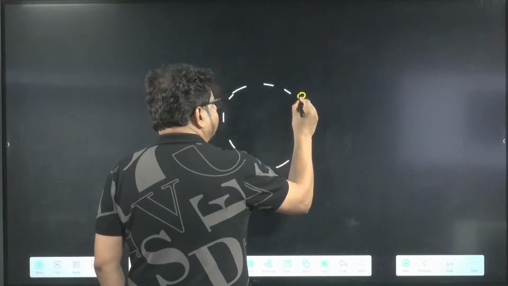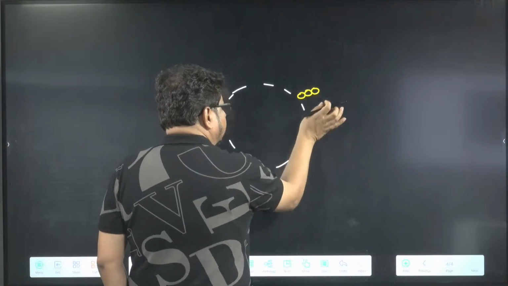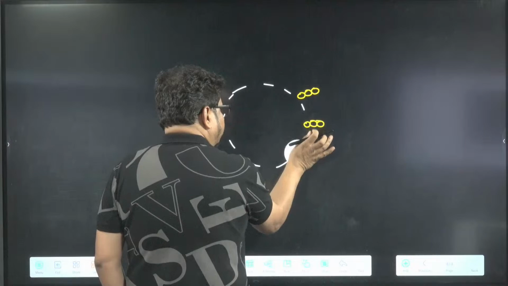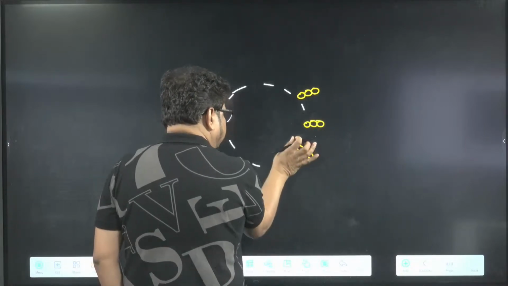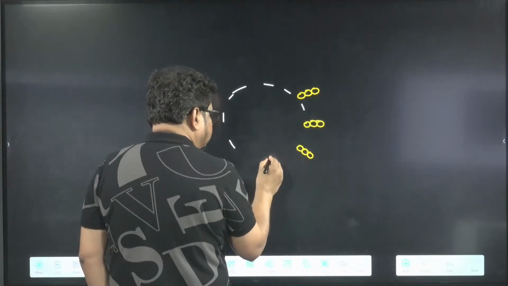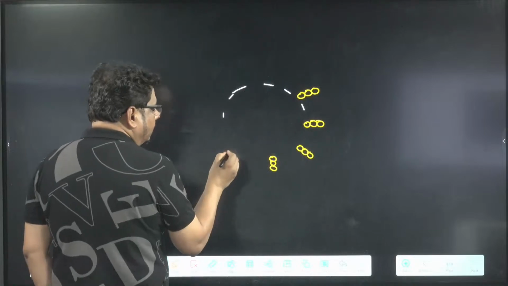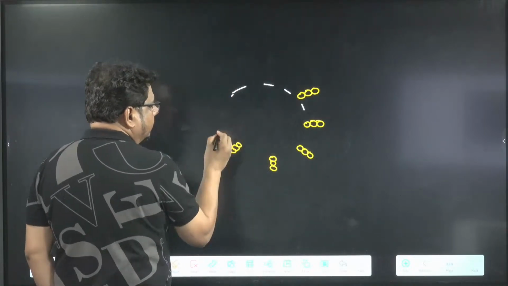So you think like it is one triplet. It is another triplet. It is another triplet. It is another triplet.